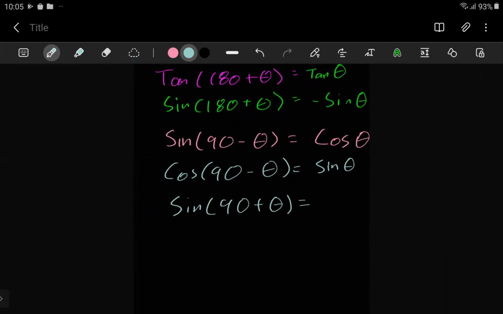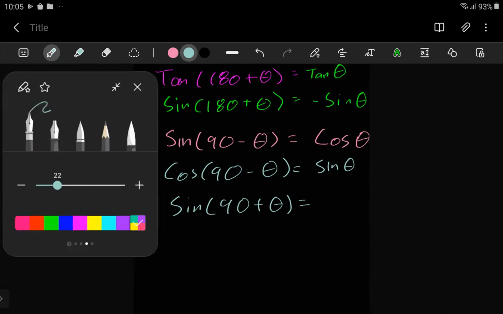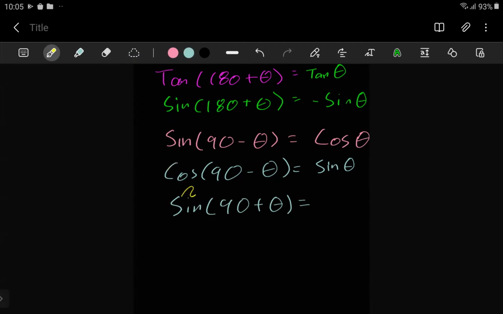Minus cos theta? So we're dealing with sine, right? Yes. Let me leave this one blank for now. What about this one?